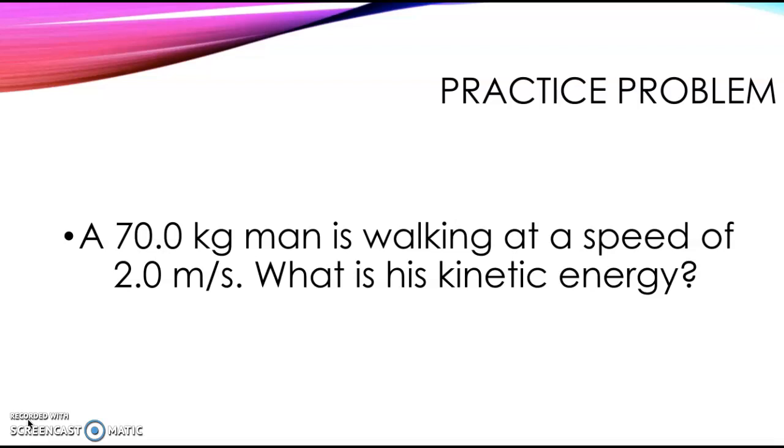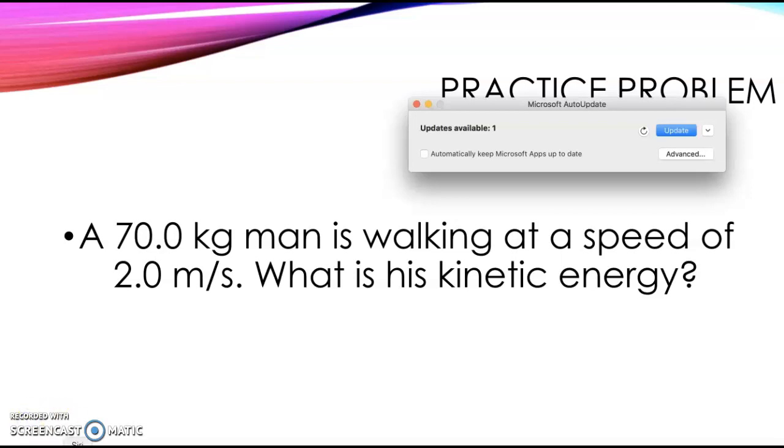We have the mass and we have the speed. All we have to do is plug it into our formula. The easiest way is for the half, I just plug in 0.5. So 0.5 times 70 times 2 squared. Your answer should be 140 joules.